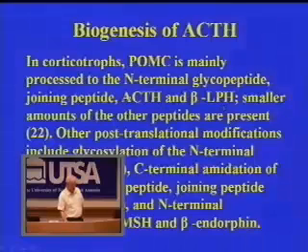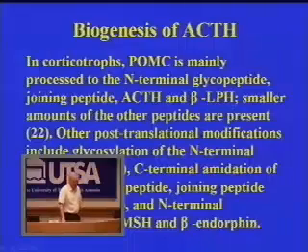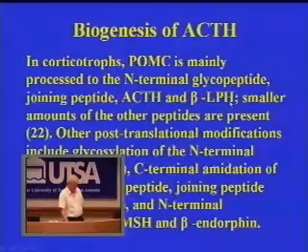We want it to stop there in the corticotropes so that we can have ACTH to release. Then if necessary later, the same cell can, under whatever stimulus, cleave this and release the beta-endorphin. It's not perfect, though. Nothing in biology is perfect.